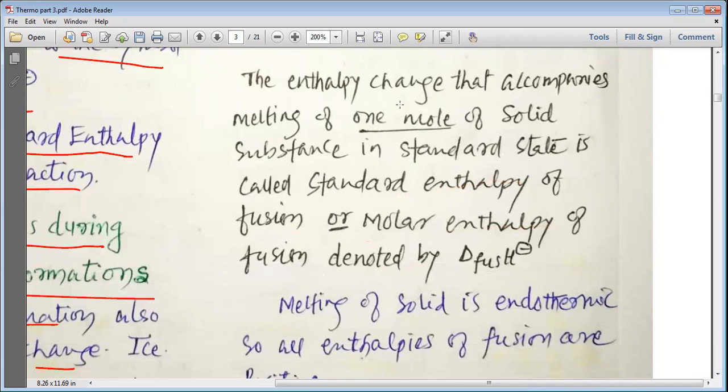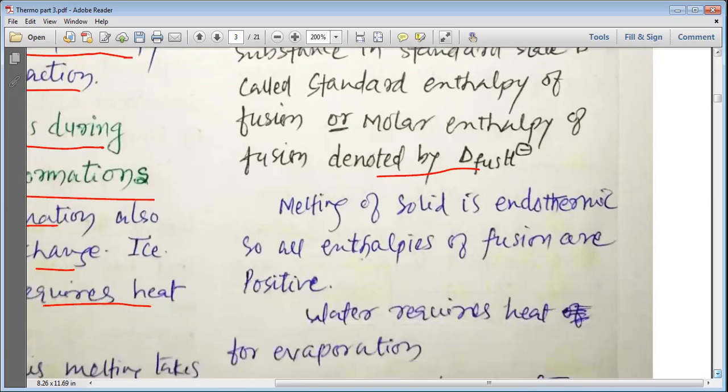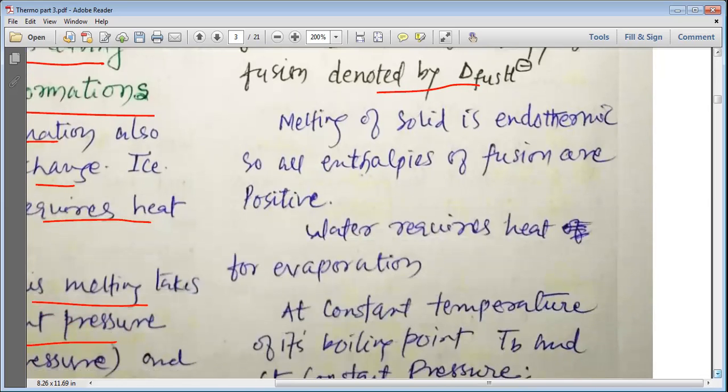Once again, the enthalpy change that accompanies melting of 1 mole of solid substance in standard state is called the standard enthalpy of fusion or molar enthalpy of fusion, which is denoted by delta fusion H. Melting of solids is an endothermic reaction, so all enthalpies of fusion are positive.